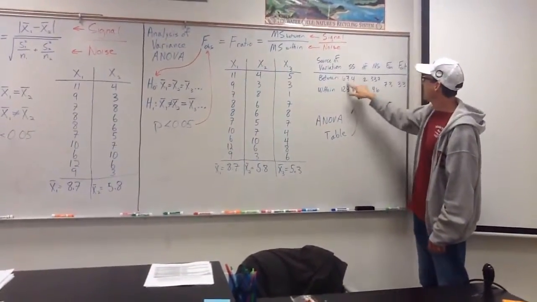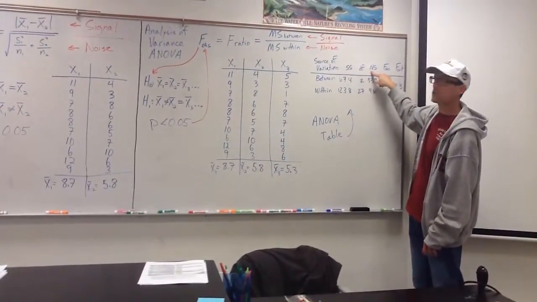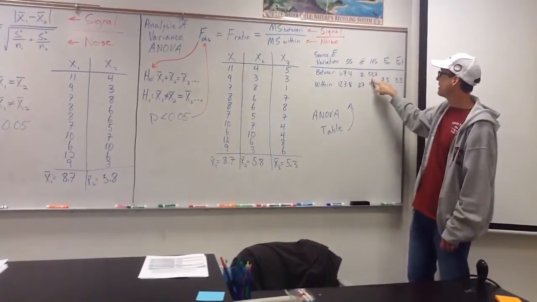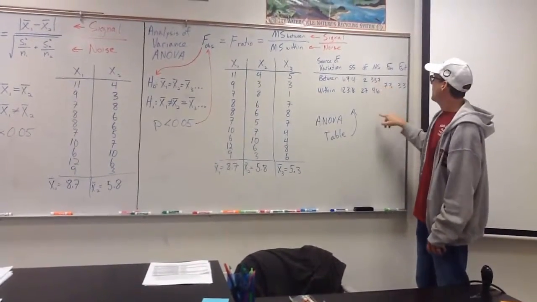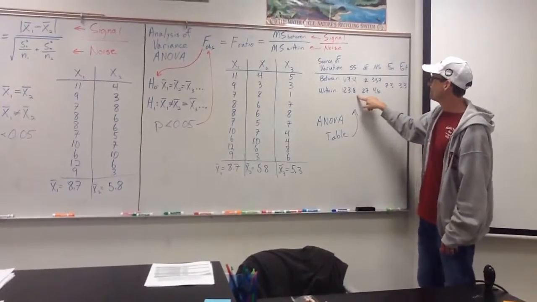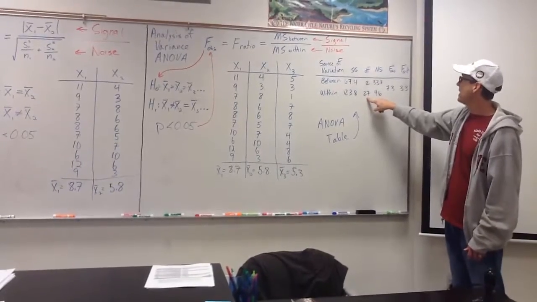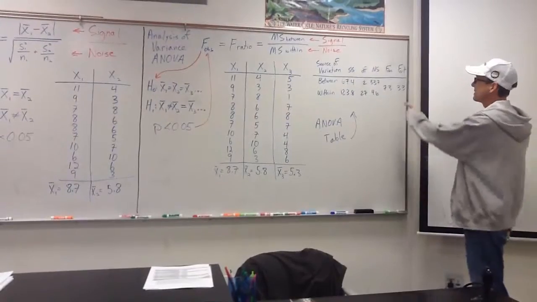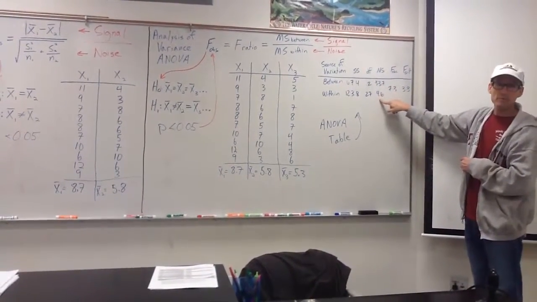And so if I divide 67.4 by 2, I get my mean square, or my average sum of squared differences, which is 33.7. So there's my signal. And if I then divide my sum of squares within, 123.8, by my degrees of freedom within, 27, I get 4.6. There's my noise. Notice that the signal here, 33.7, is much larger than the noise.